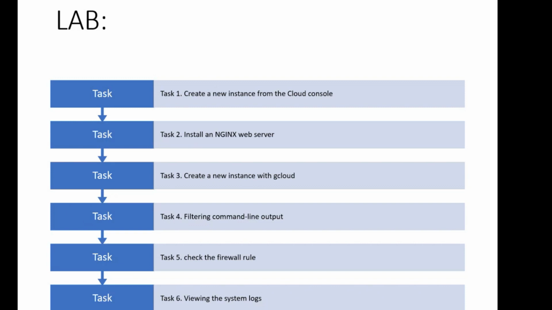If you see here, last day we've done three tasks. One is how I can create an instance from the cloud console. Then we talked about how I can install an nginx server inside an instance. Then we talked about how we can create an instance using the gcloud command.